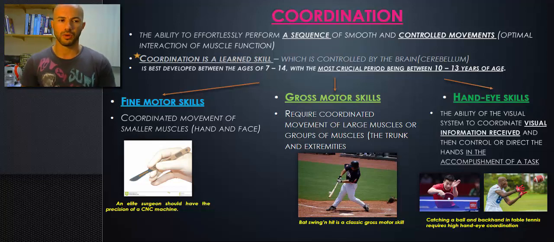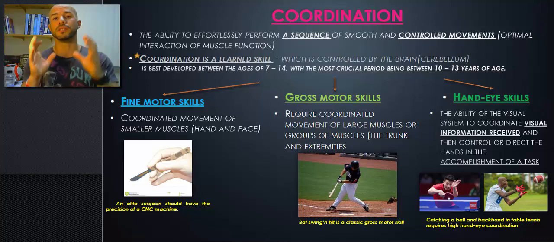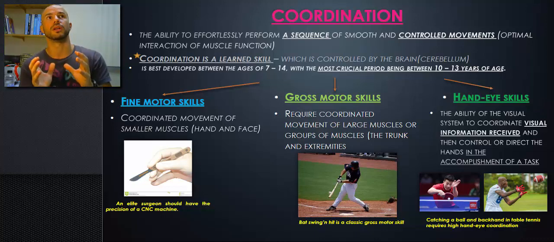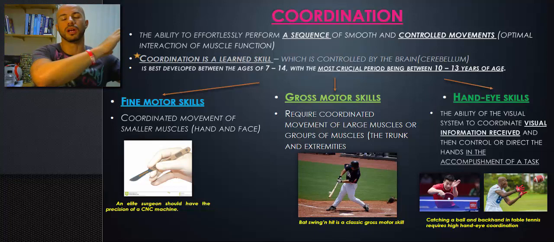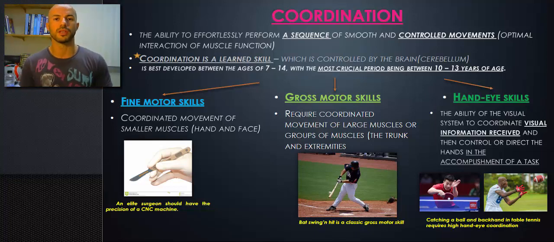For that skill to work, we have to perceive something in the outer world with our eyes and then send a signal to our hand so that we can react to it. Say playing tennis and hitting the ball, that will require hand-eye coordination skills. Or a receiver waiting for the ball and catching it at the right time is using his hand-eye coordination skills.